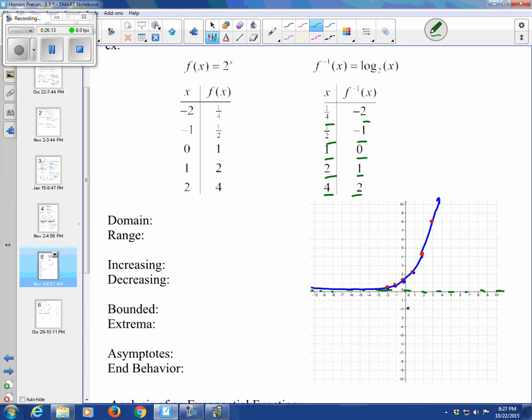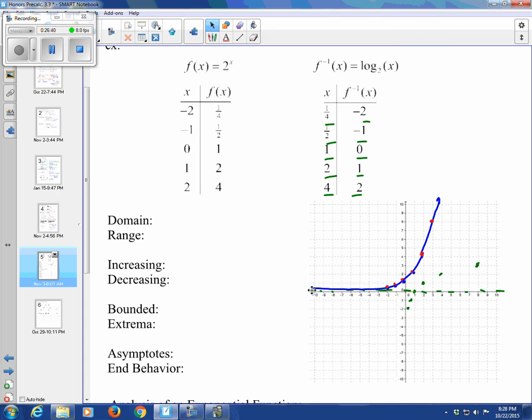For an x value of 1/2, we are going to get a y value of negative 1. For an x value of 1, we would get a y value of 0. For an x value of 2, we would get a y value of 1, and for an x value of 4, we would get a y value of 2. If we had an x value of 8, we would get a y value of 3, right?